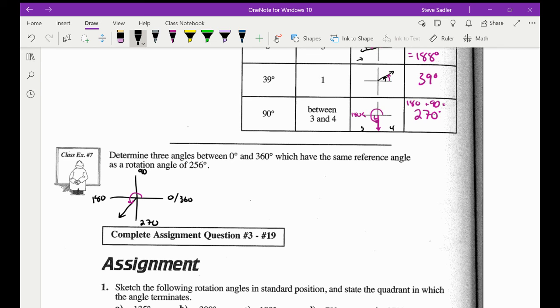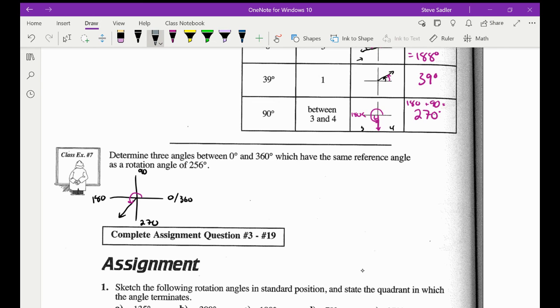The reference angle is going to be, we know the rotation, so it's going to be 270 subtract 256, is that what we want to do? Why am I throwing myself off here? Oh, sorry, we can't measure from 270. No wonder I was getting messed up.